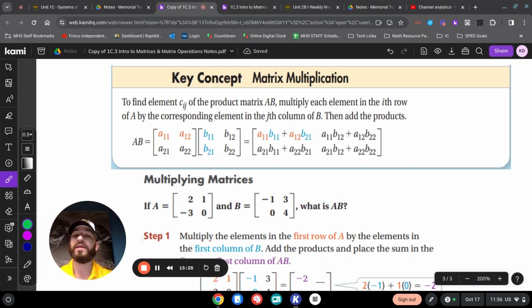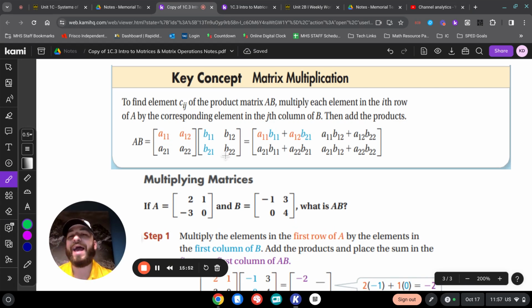Now, this is really, really weird to think about, which is why this is kind of our build-up concept. But we can see right here, A11 is going to multiply by B11, so first item in first row times first item in first column, and then second item in first row times second item in first column.